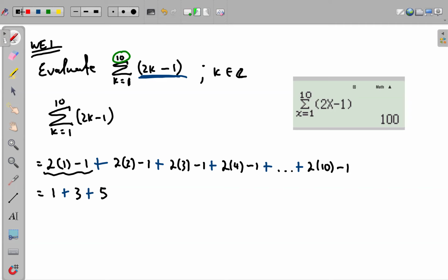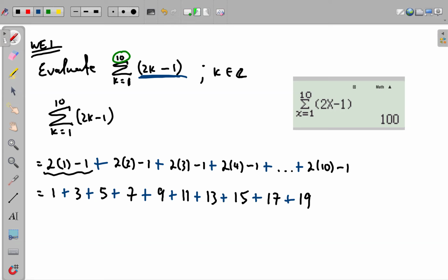So I'm sure you can see that surely the next term must be a 7, and then after a 7, you must get a 9. 1, 2, 3, 4, 5, 6, 7, 8, 9, and then 10. That's going to be our last term. So these are the numbers that you're actually adding up.